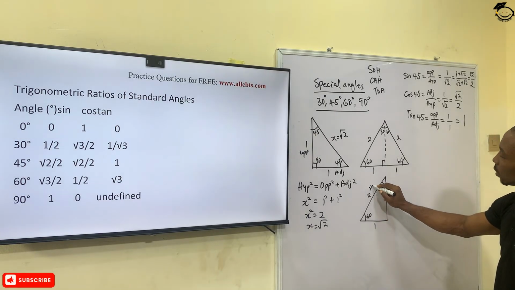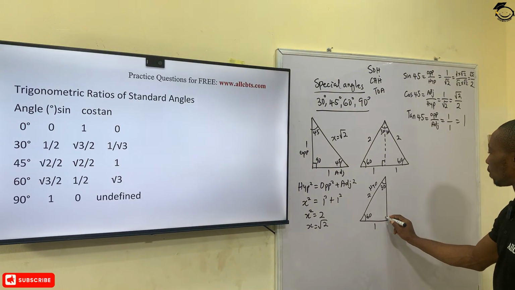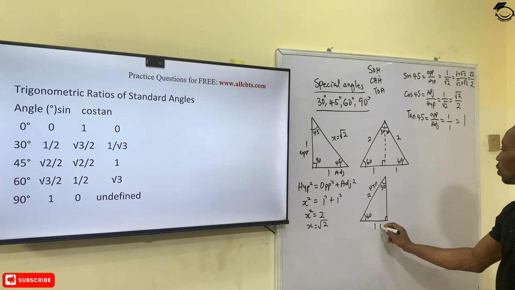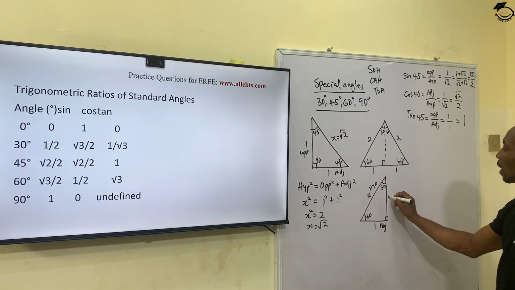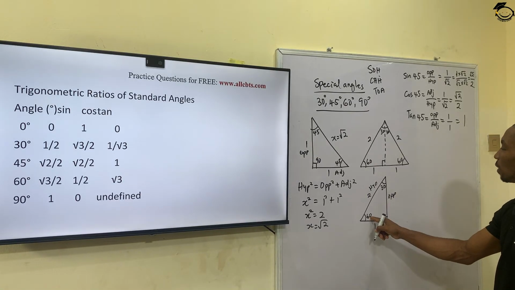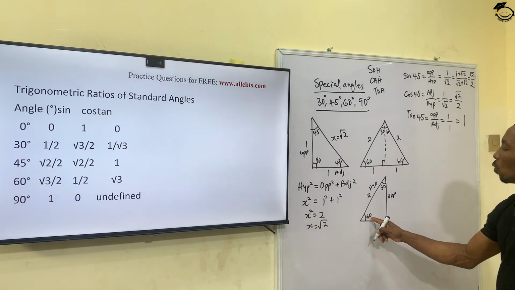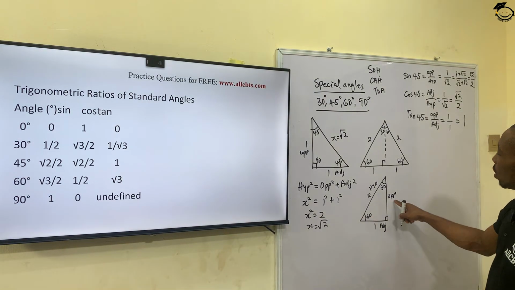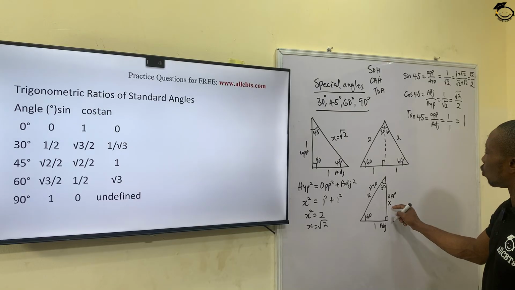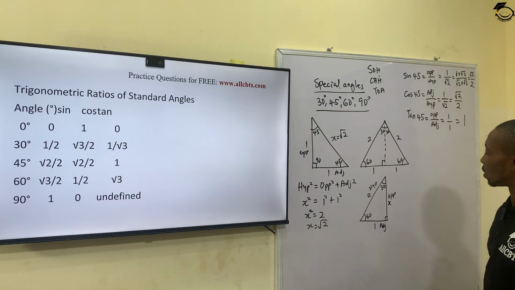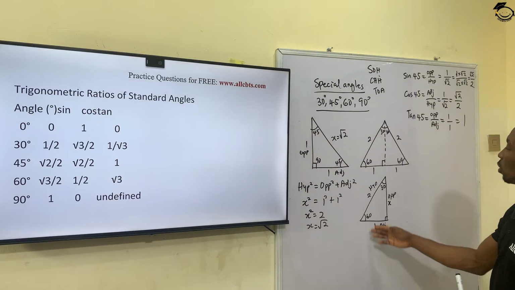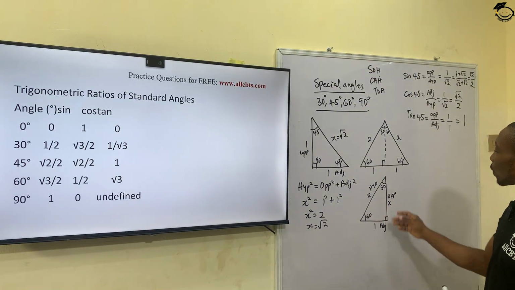This is our hypotenuse, bearing in mind that this is at 90 degrees. So this is our adjacent. We have to find the opposite, considering angle 60. When considering angle 60, this x is our opposite. But when considering angle 30, 1 is our opposite. So considering angle 60, let's find our opposite.